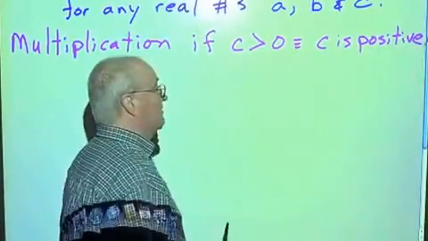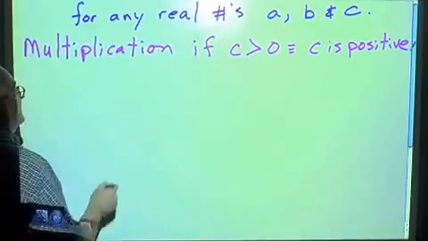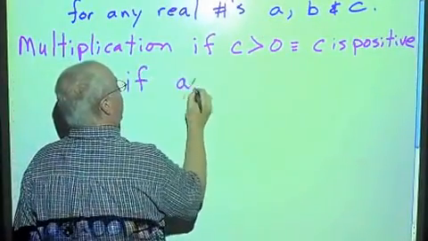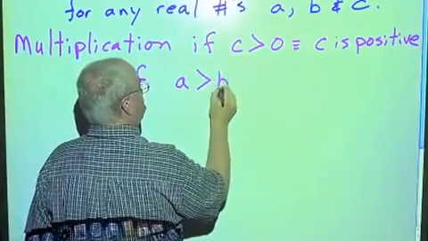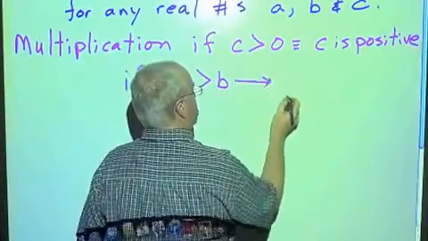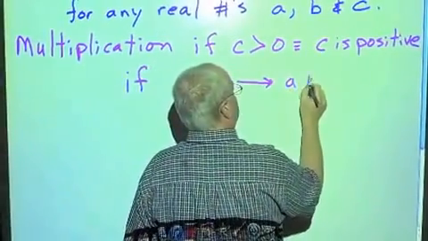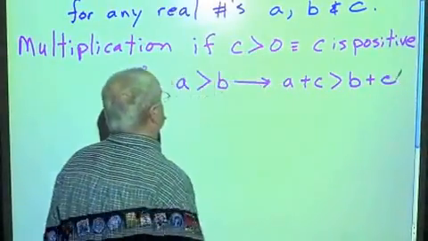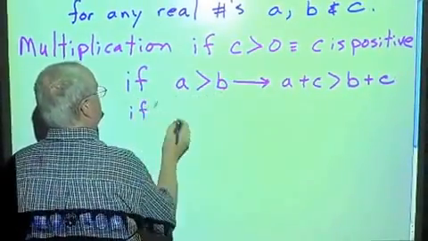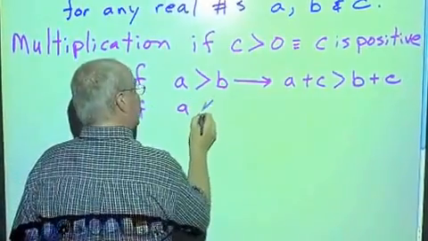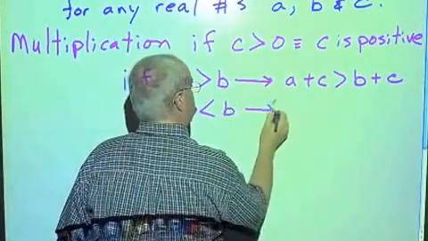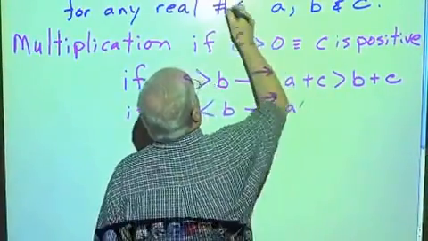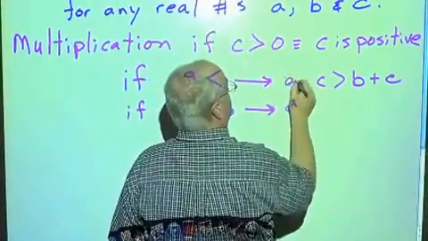If C is positive, then if A is greater than B, then A plus C is greater than B plus C. If A is less than B, then, well, messed this up, didn't I?